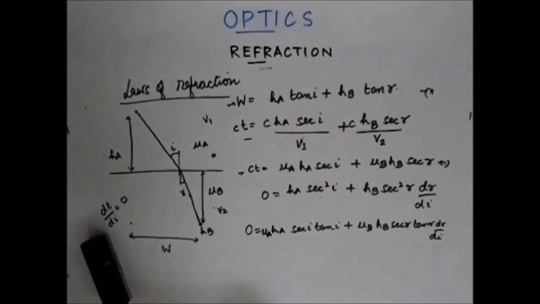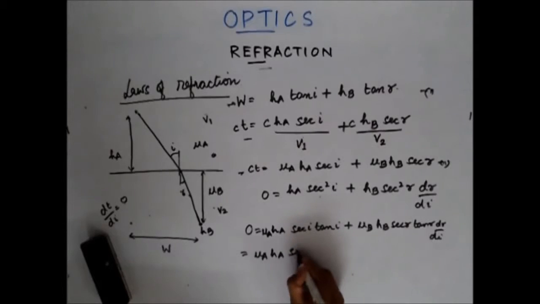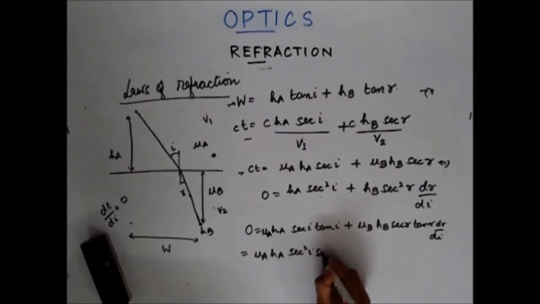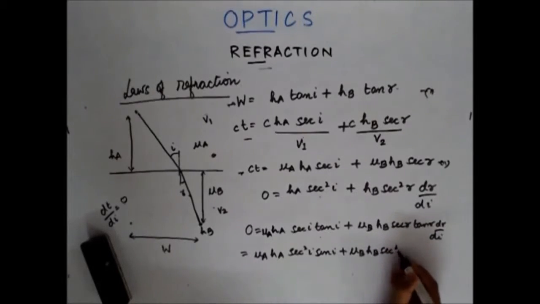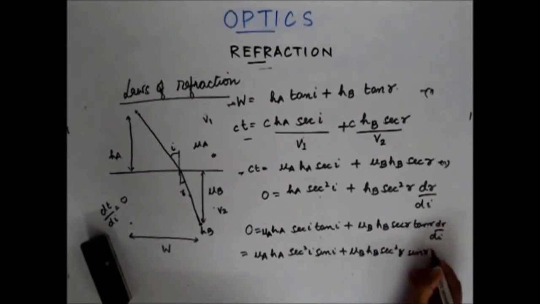Now if we simplify this, we can write this as mu A HA sec square I sin I. What I did was I wrote tan I as sin I by cos I, and 1 by cos I is sec I, plus mu B HB sec square R sin R dr by di.